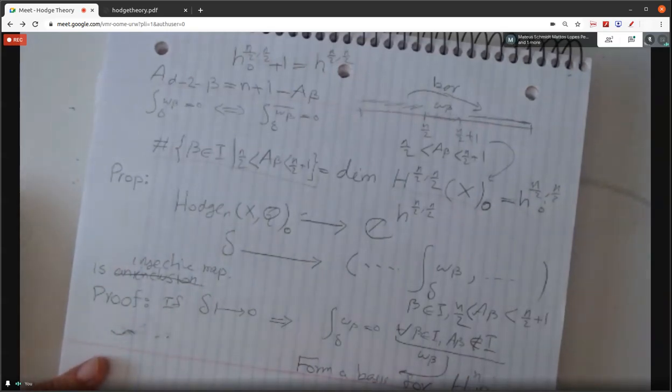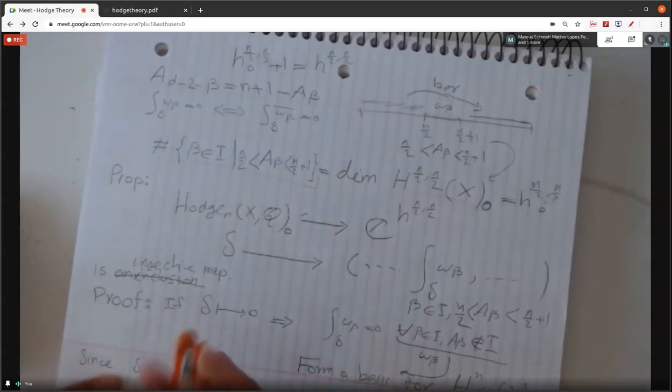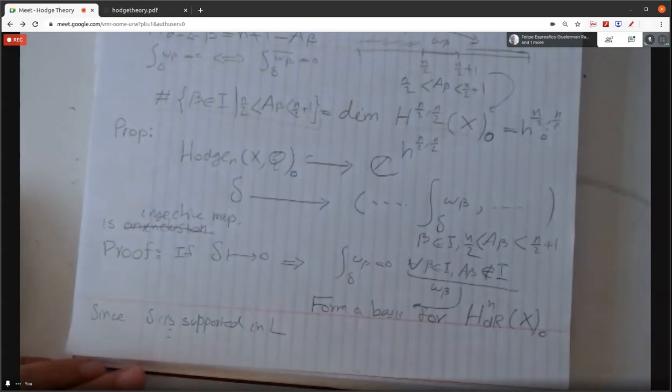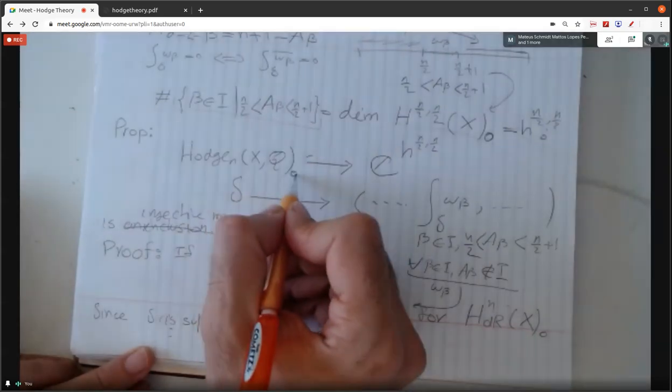But we know that these omega beta form a basis for H n de Rham of X primitive. And since delta is, let's say, the point is that we have taken tilde delta supported in L. As I said, we always take cycles supported in N. This means that delta, actually, then I have already written here.